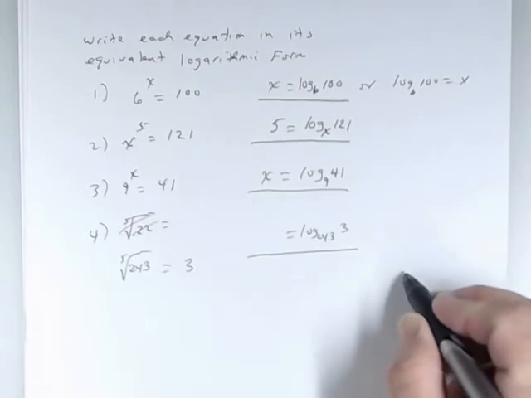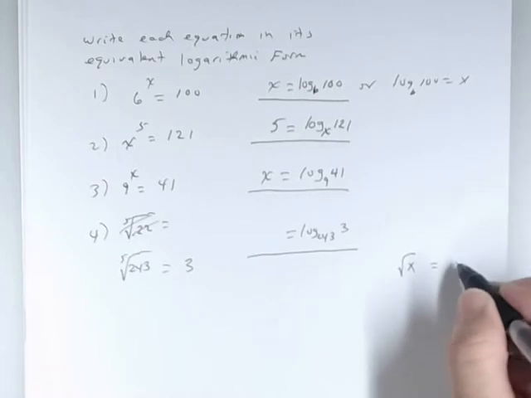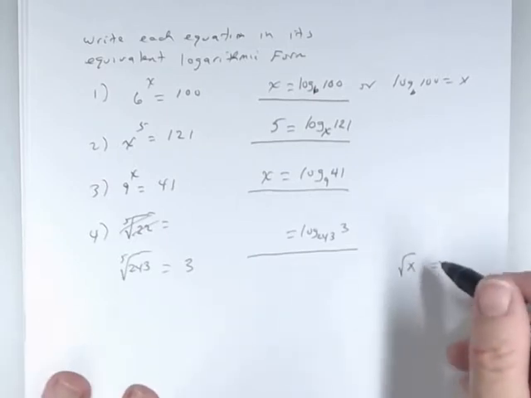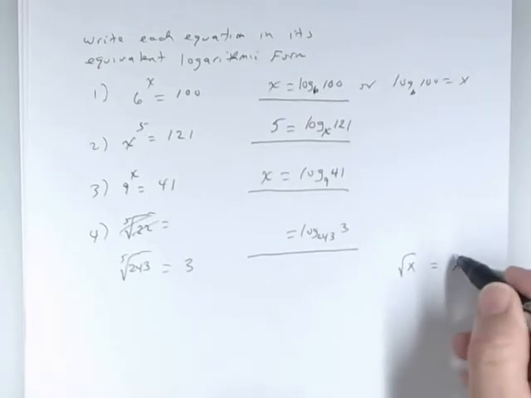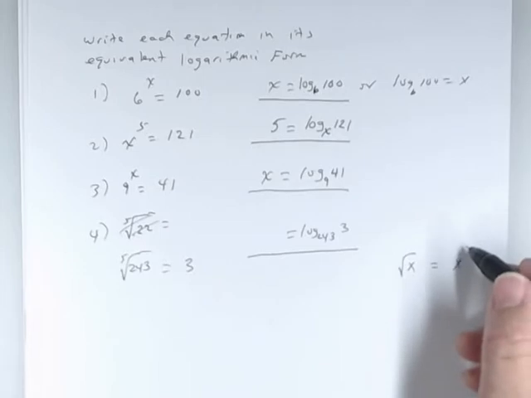If you have the square root of x, last semester you learned that you can always write a radical with a rational exponent, not 5. You can always write a radical as a rational exponent, so we have x to some fraction.